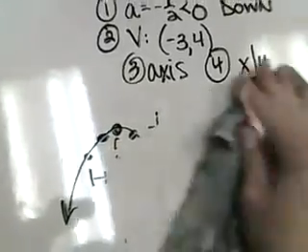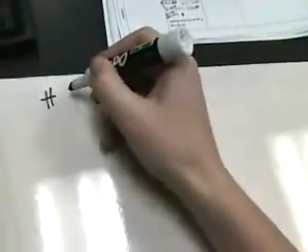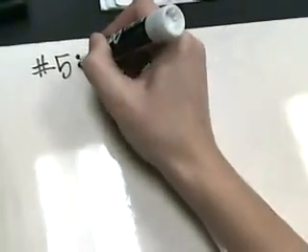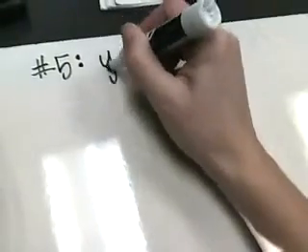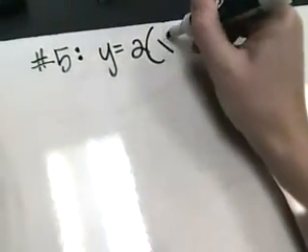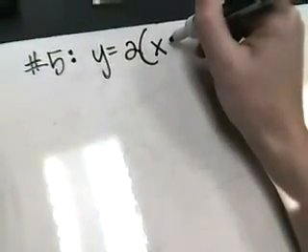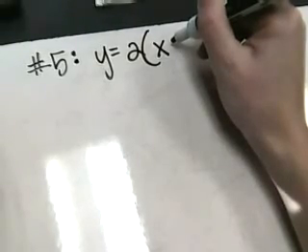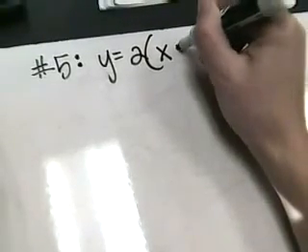Okay, let's try another one of those. Let's look at number 5 on page 253. Number 5 gives me y equals 2 times the quantity of x plus 1.